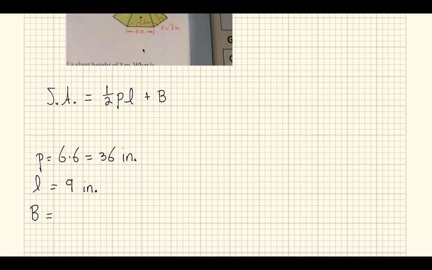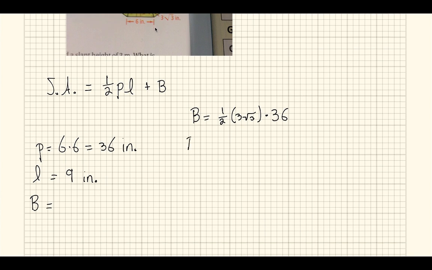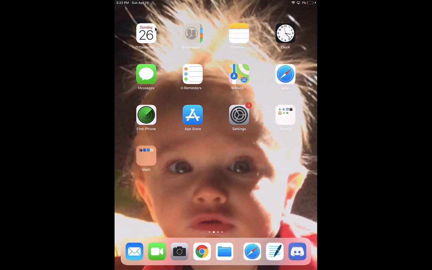So if we're trying to find capital B, that is 1/2 the apothem, which is 3√3, times the perimeter of the base, which we already said was 36. All right, so let's figure out what that is. Let's go to our calculator.